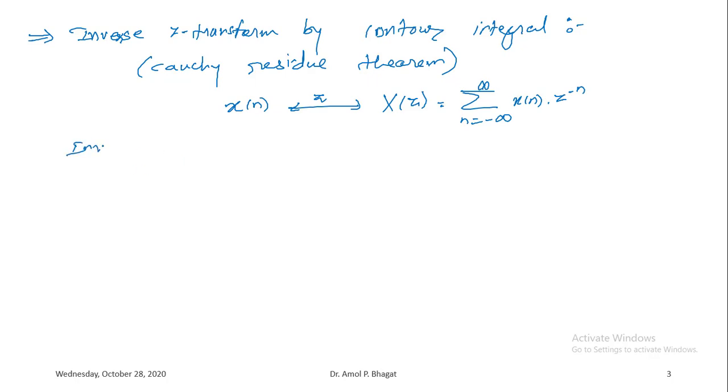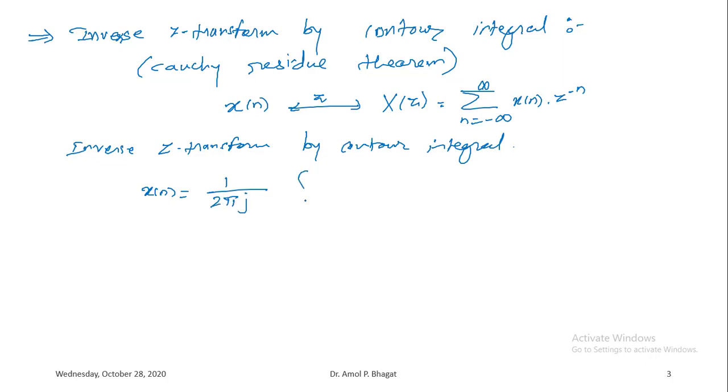In the case of inverse Z transform by contour integral, x of n is simply obtained by using the formula x of n equals 1 upon 2 pi j, contour integration, a circle with C indicated here, of X of z into z to the power n minus 1 dz.